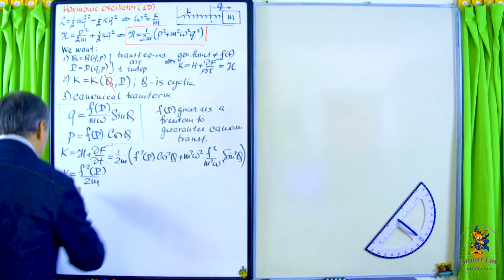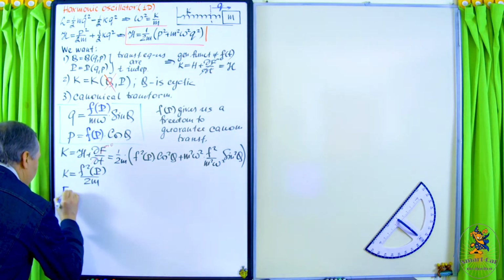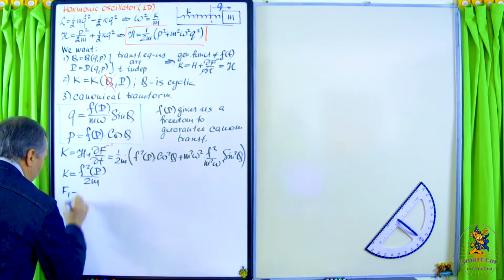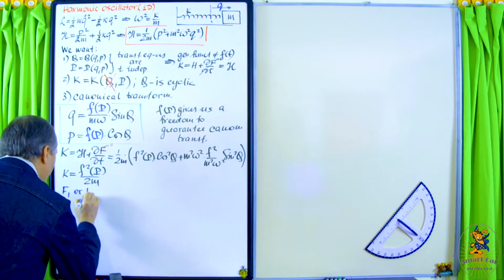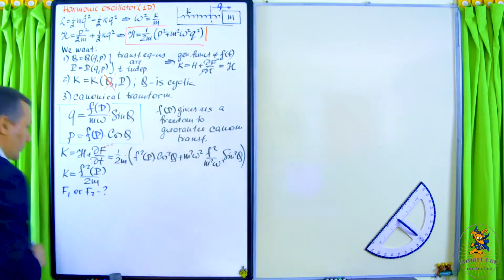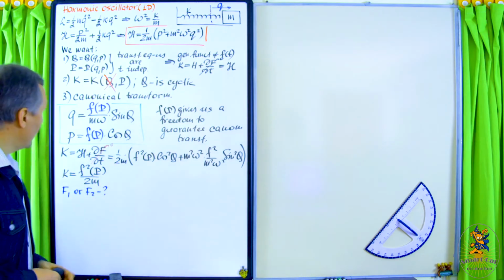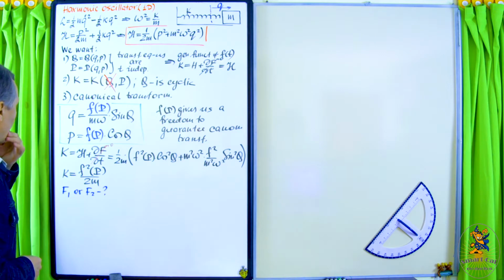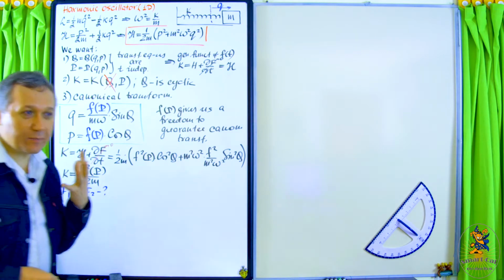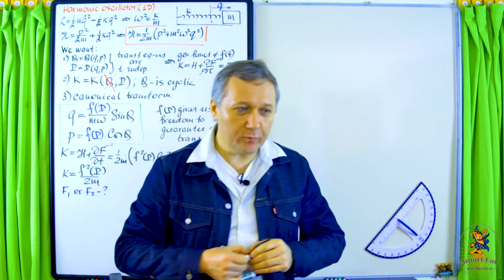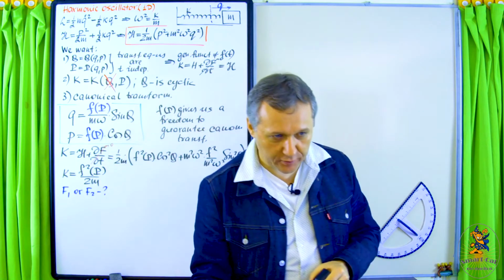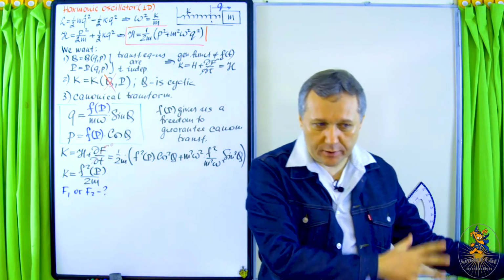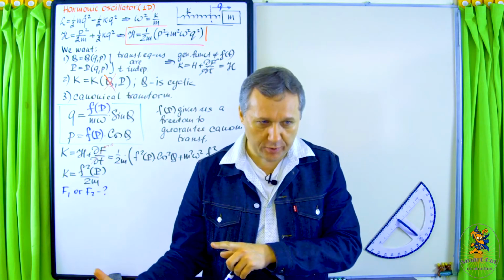Which function, f1 or f2, should we use, right? Okay, you know what? Like in the previous class, you remember we discussed how we can get transformation equations if a generating function is given, or how we can get a generating function if transformation equations are given, right?